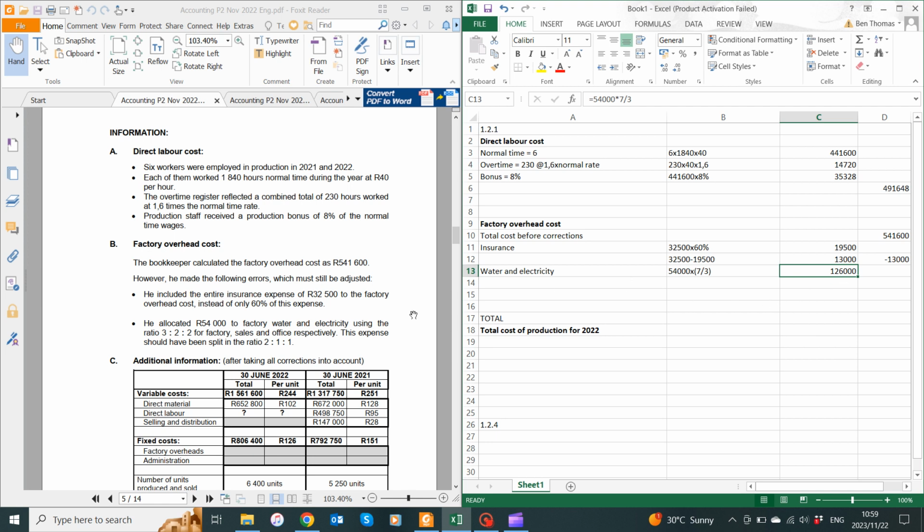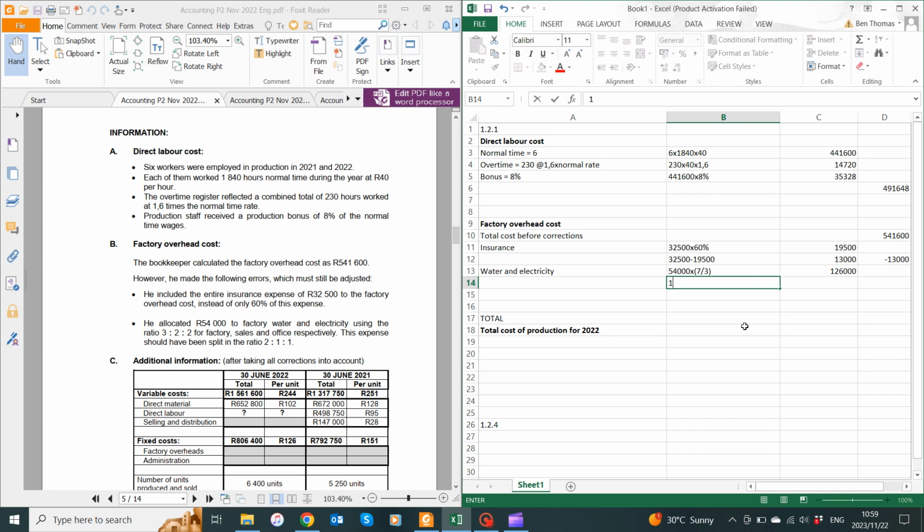Now guys, remember we have to apply it in a new ratio of 2:1:1. So in this new ratio, our fraction becomes 2/4 because 2 plus 1 plus 1 is 4. So it's going to be 2/4 for the factory, 1/4 for the sales department, and 1/4 for the office. So now, what do we need? We need to calculate the new expense for water and electricity using the correct ratio.